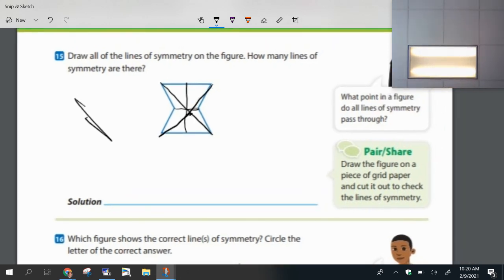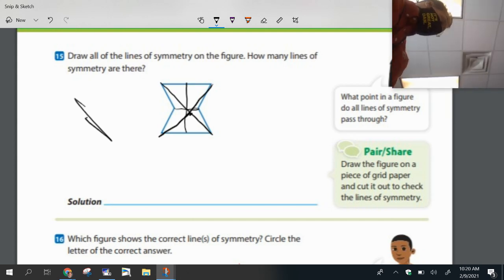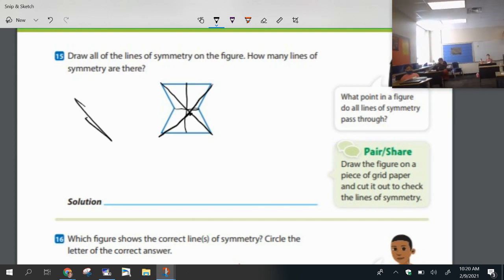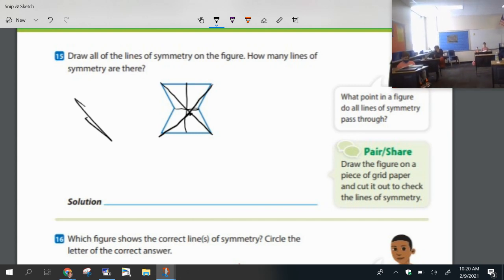Okay, so you're going corner to corner. Is that what you have as well, Bryson? Yeah. This one's a little harder because we could not cut it out. But the corner to corner ones would not work.